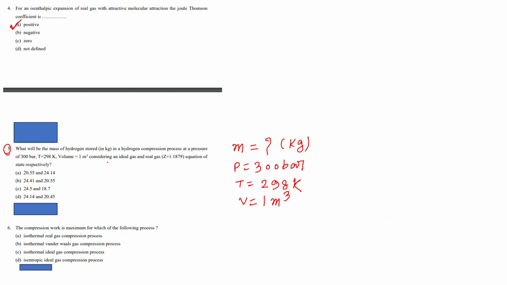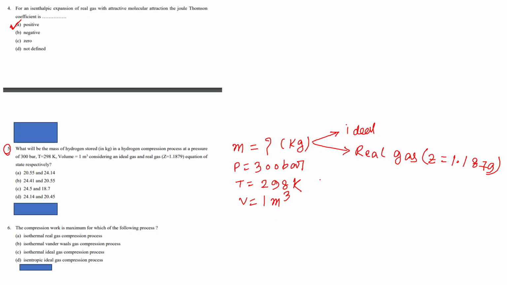You have to calculate the mass for the ideal gas and for the real gas. For the real gas, take the compressibility factor Z equal to 1.1879.